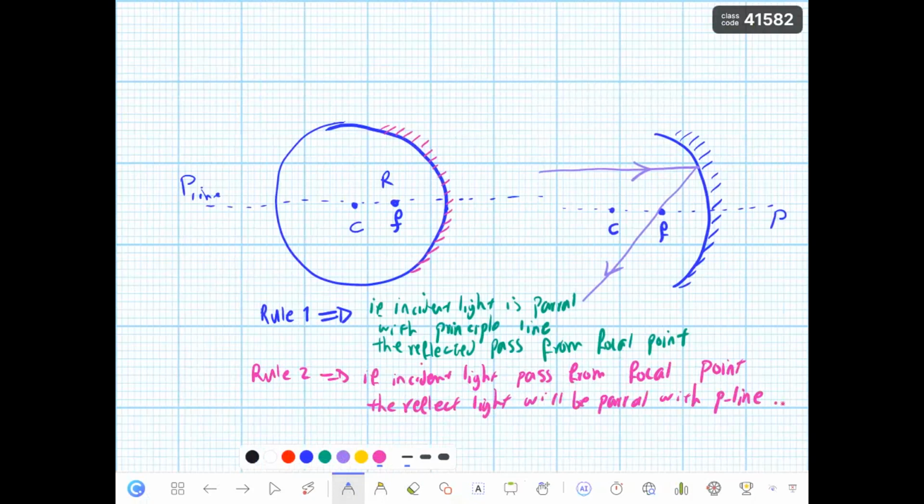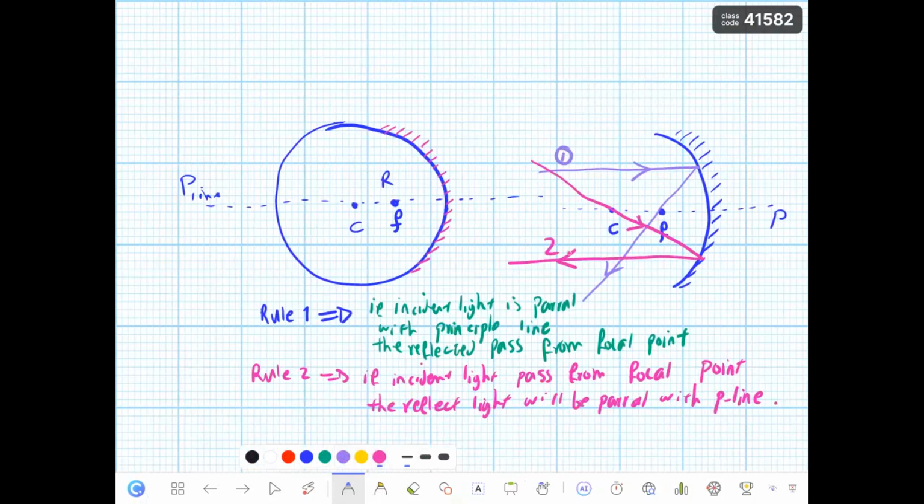How can I show the second rule here? This was rule number one, and now I will show rule number two. Let's say we have an incident light. What is the reflected light? The reflected light will be parallel.